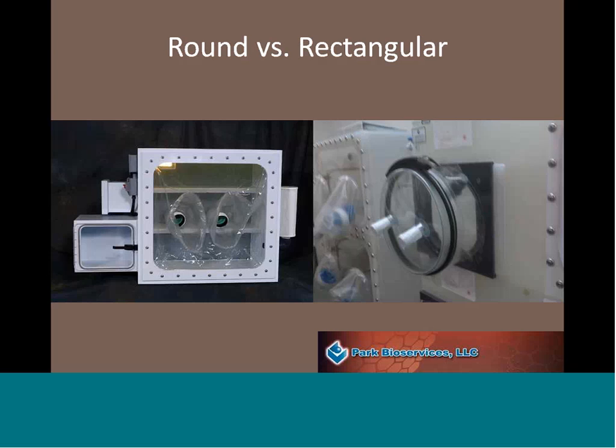So there's the debate: why round versus rectangular? So the round port really was the first design that was used on isolators and on germ-free isolators. The round port was very handy because people were using stainless steel cylinders, and they usually came in two configurations, either a 12-inch diameter or an 18-inch diameter.